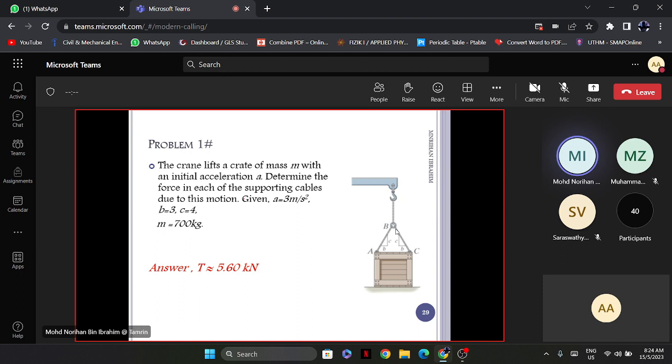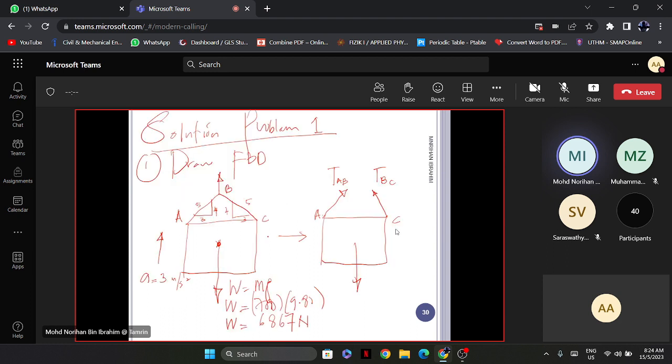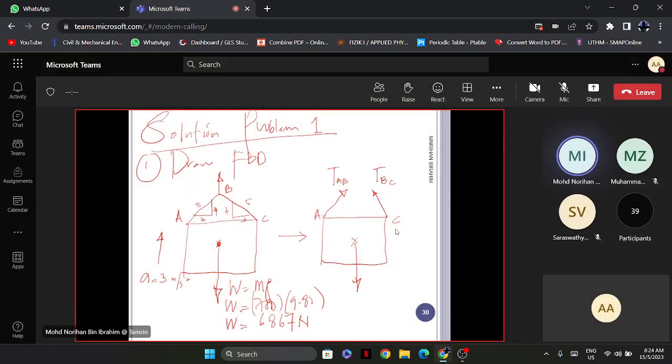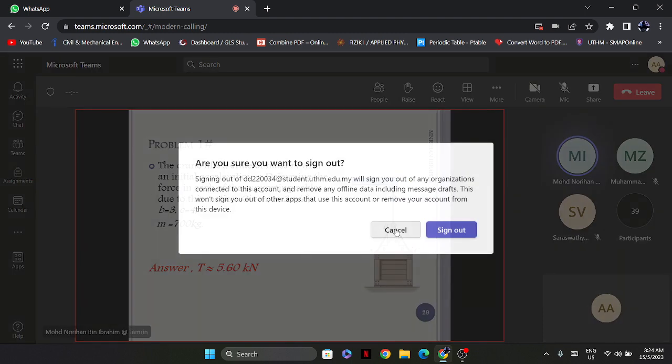For BC, B is equal to 3, C is equal to 4, and of course the hypotenuse is equal to 5, similarly for this one. You need to jot down and illustrate all of this to simplify and facilitate your method of solution by illustrating all of the forces which act on this crate.